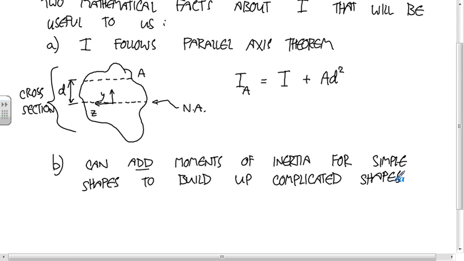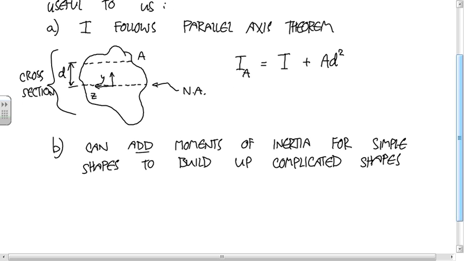So an example where we would do this is with an I-beam or a T-shaped beam. So let me do an example for an I-beam.